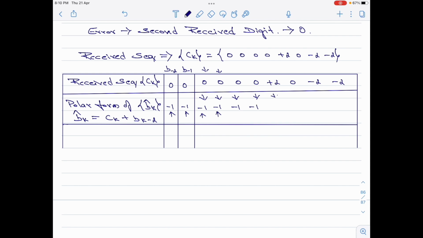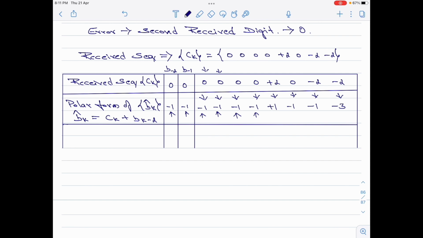At this point, it is +2 plus -1, which is +1. Here it is 0 plus -1, therefore -1. Here it is -2 plus +1, so -1. And lastly here it is -2 plus -1, which is -3. This is the polar form of the decoded sequence b_k cap.